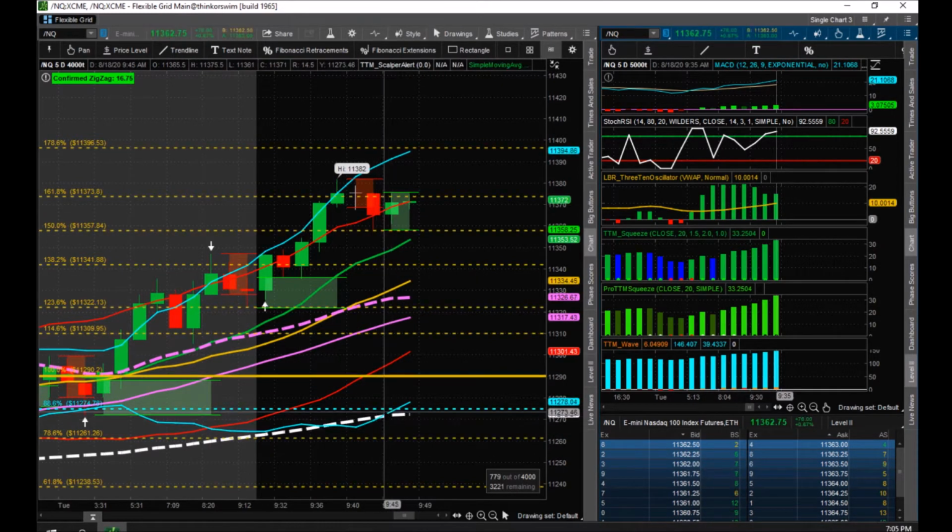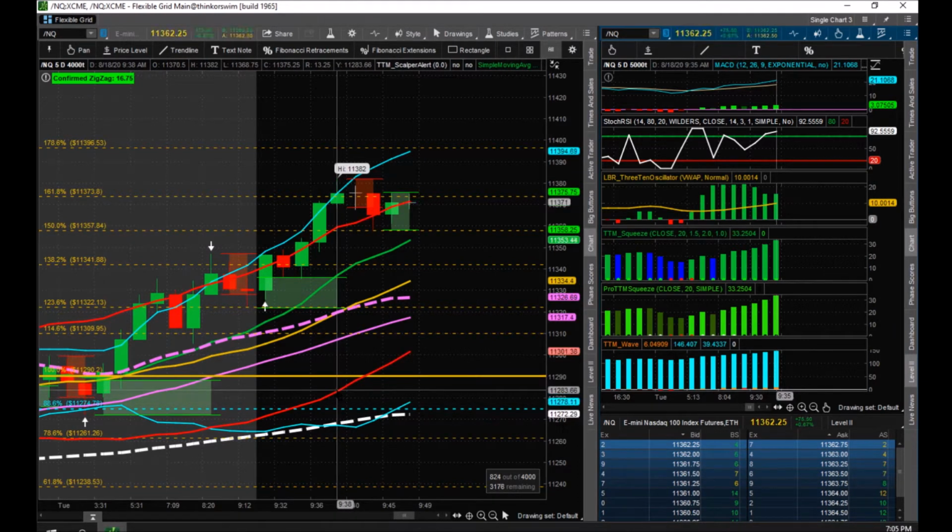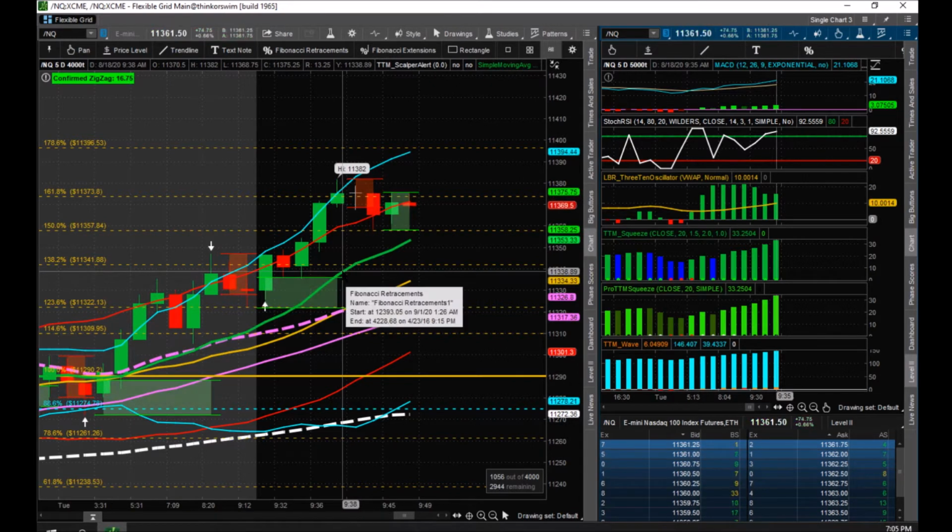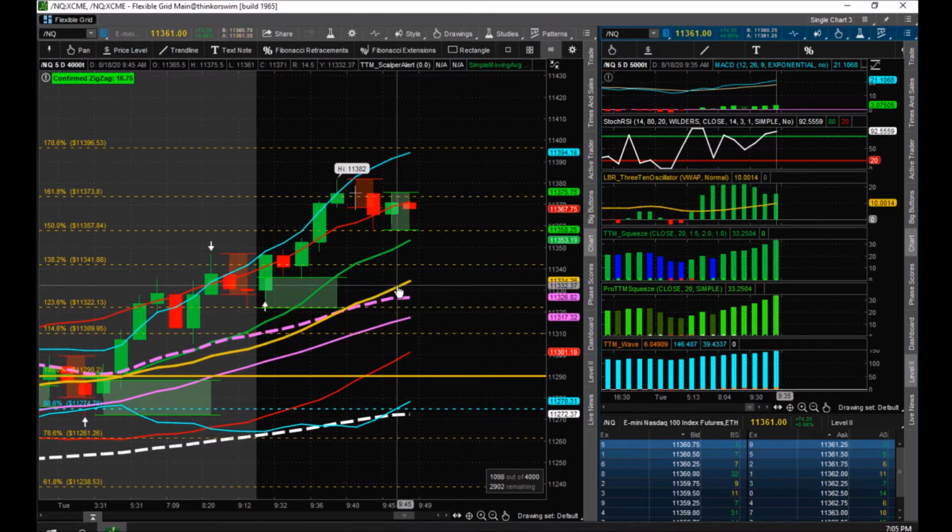So the blue lines are basically the Bollinger Bands. Red line here at the bottom is the Keltner's. There's one on top and one on the bottom. This green line here is my 13.